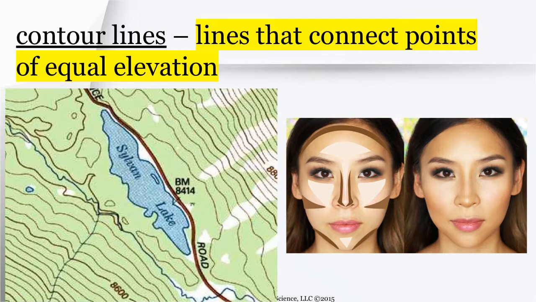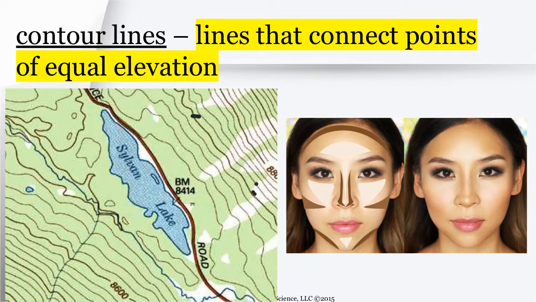These are lines that connect points of equal elevation. So for example, if I'm standing here on that dark brown line, I'm going to be at the same exact elevation, the height above sea level, as I would be if I were here on that same line. As long as I'm on that same line, then I'm at the same elevation above sea level.